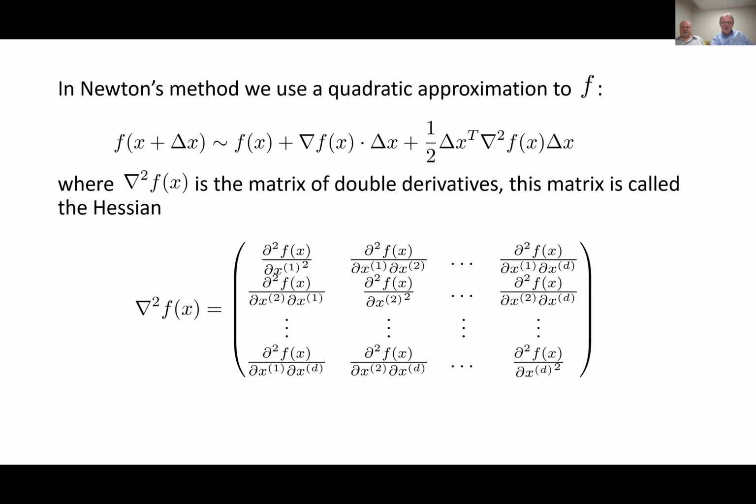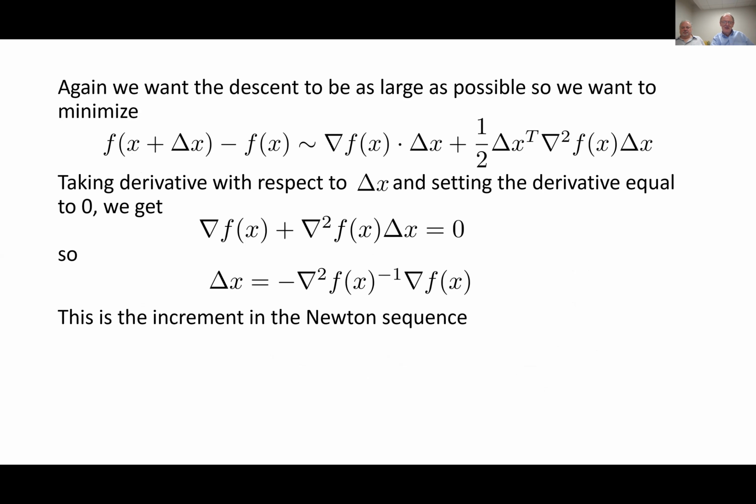If we use that, again without going through the math, we get a particular delta x that we should use in our gradient descent sequence. Take the inverse matrix of the Hessian, multiply it onto the gradient, and take the negative of that. That is your delta x, and that's what we use in the Newton sequence.